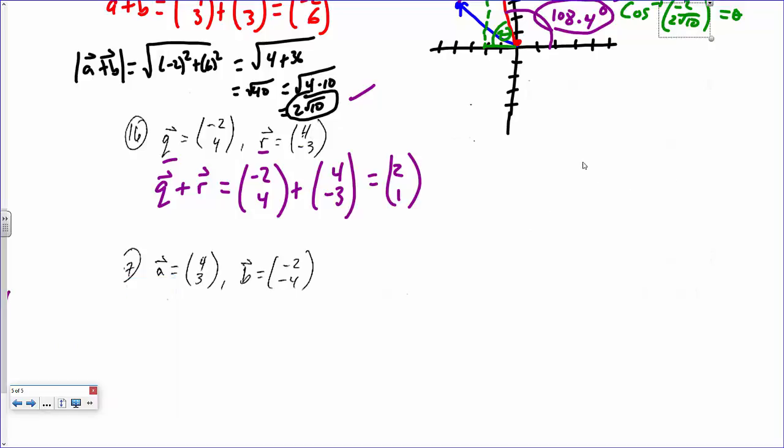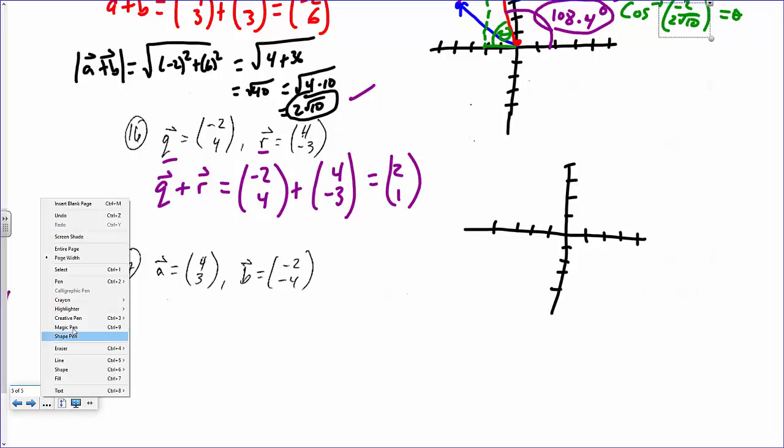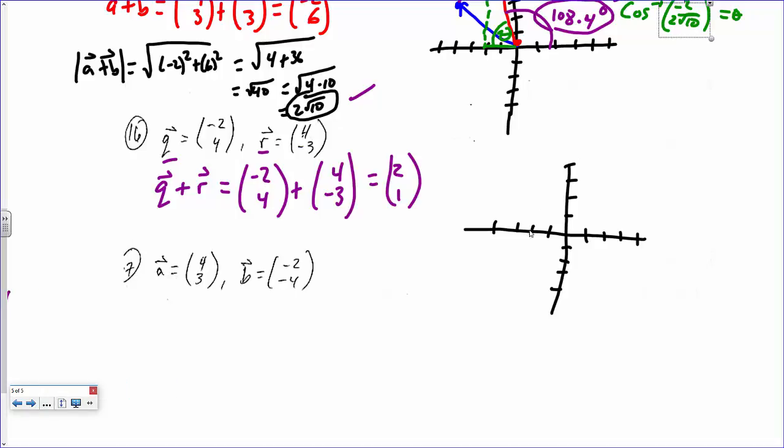And then we'll go ahead and draw that really quick with the triangle method. First vector, negative 2, 4. So I go over 2 and up 1, 2, 3, 4, right there.